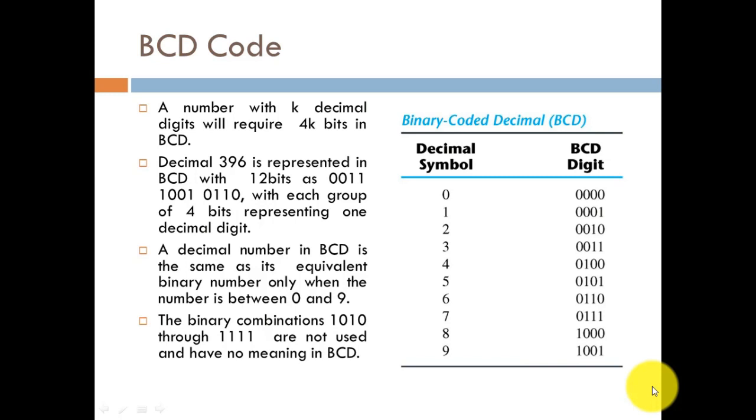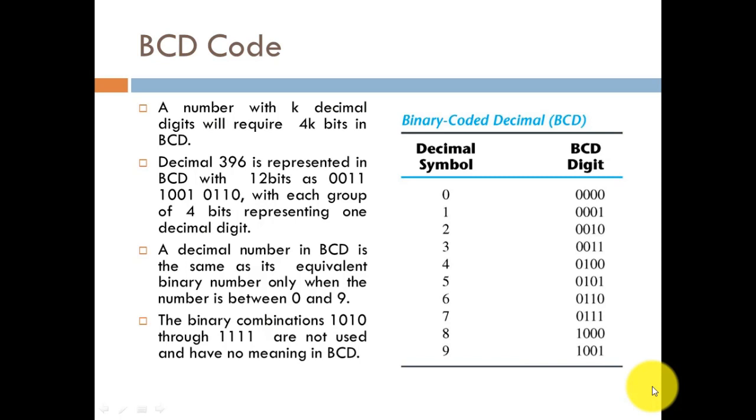How have we obtained these 12 bits? Each and every individual decimal digit is represented by a 4-bit block of binary digits. So 4 times 3 gives 12 bits: 0011, 1001, 0110.